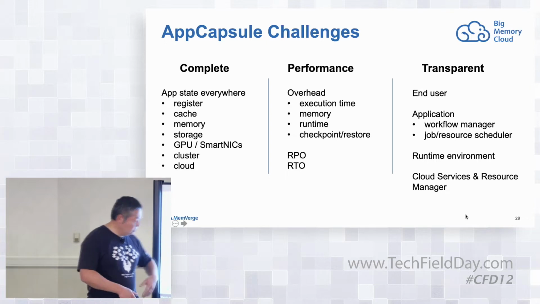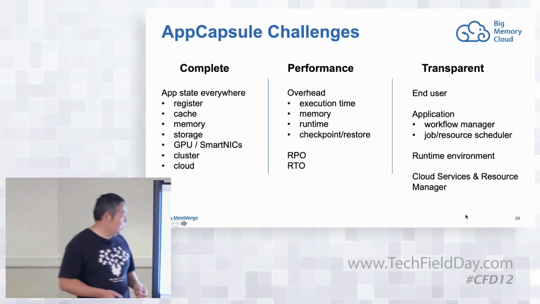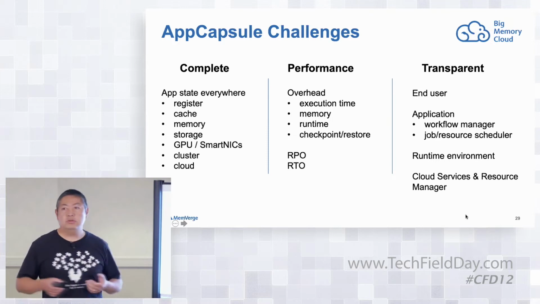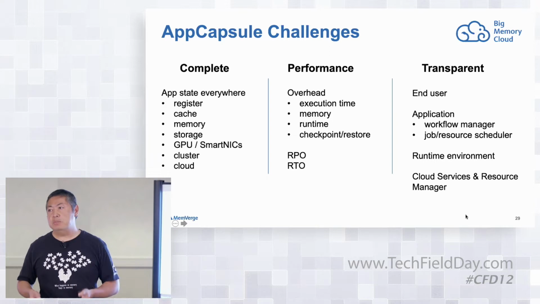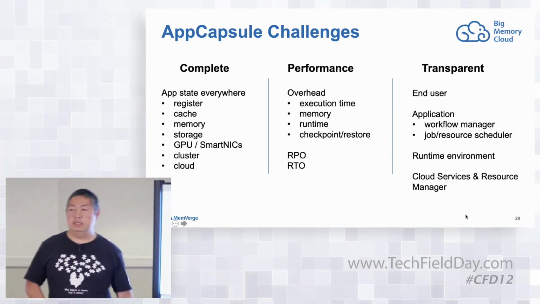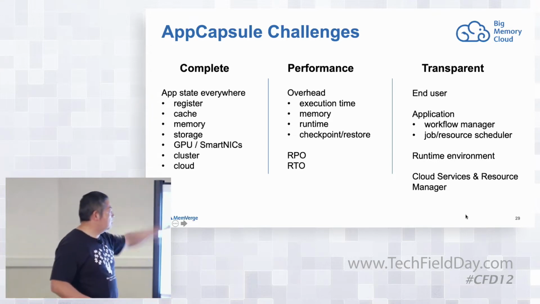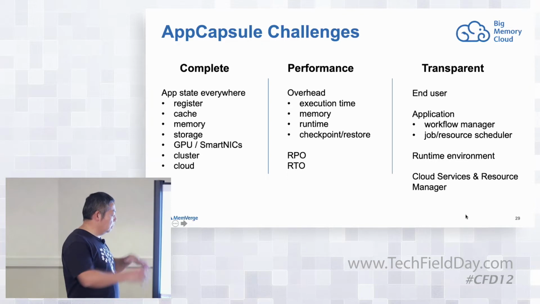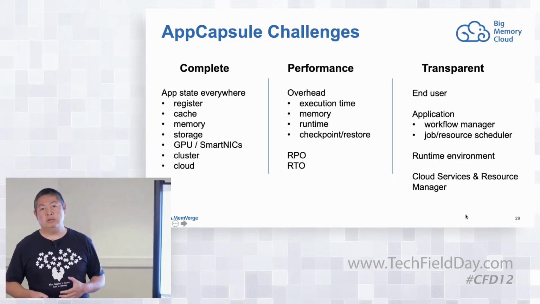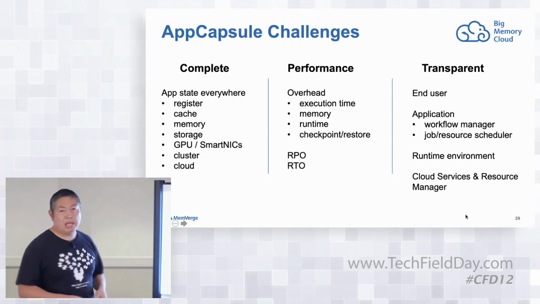Even more so on the cloud side, there are cloud services and cloud resource managers that manage the provisioning of these VMs that we have to work with. These could be on the AWS side, like Spot Fleet, for example. So this is an overview of all the constraints and problems that we have to solve in order for App Capsule to work.